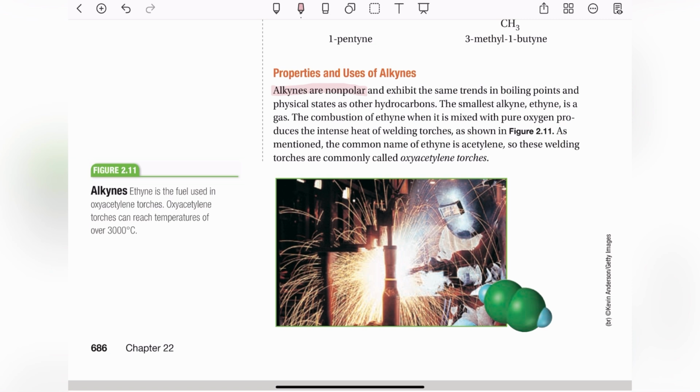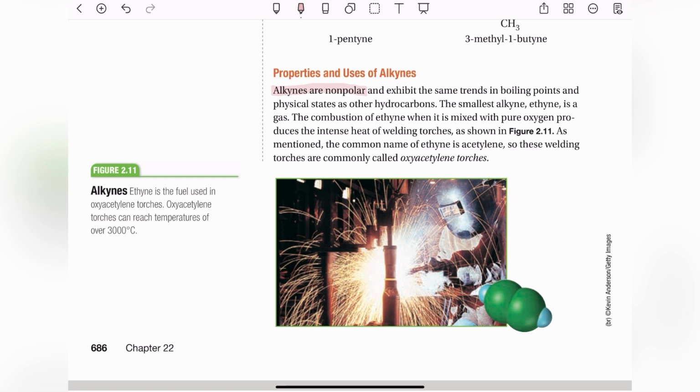So again, going back to that chart, the larger the molecule of the hydrocarbon, the stronger the London dispersion forces, so the closer the atoms are, and so the boiling point is higher.